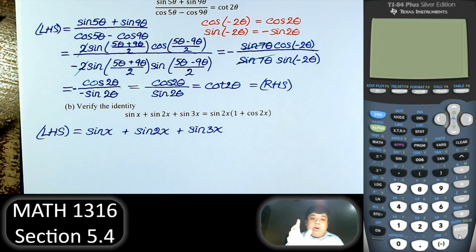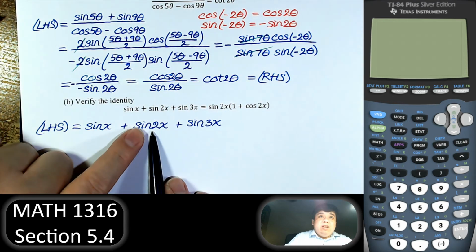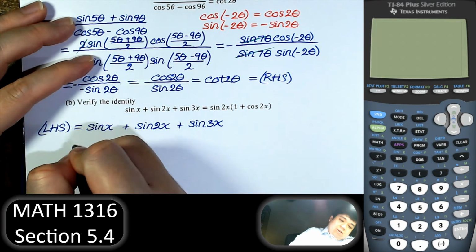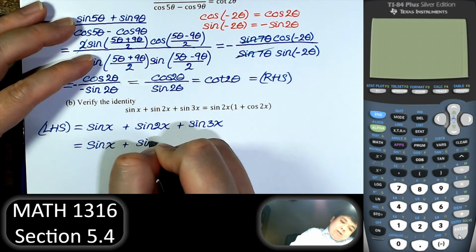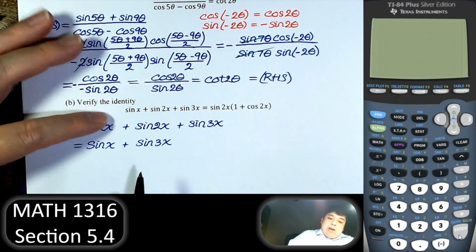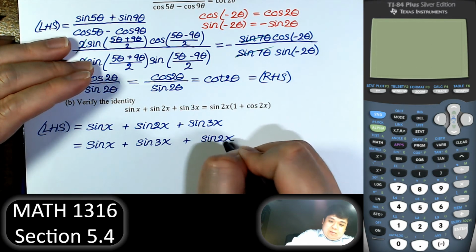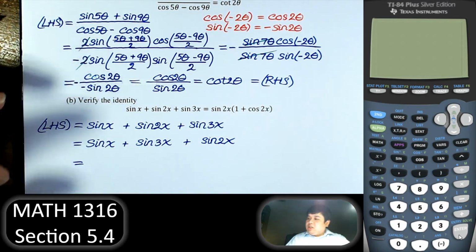But notice that on the right hand side we do have the sine of 2x. So in that case we want to leave the sine 2x alone, and we'll try to combine the sine x and the sine 3x. I will leave the sine of 2x by itself and just combine these two. Right, sine plus sine.